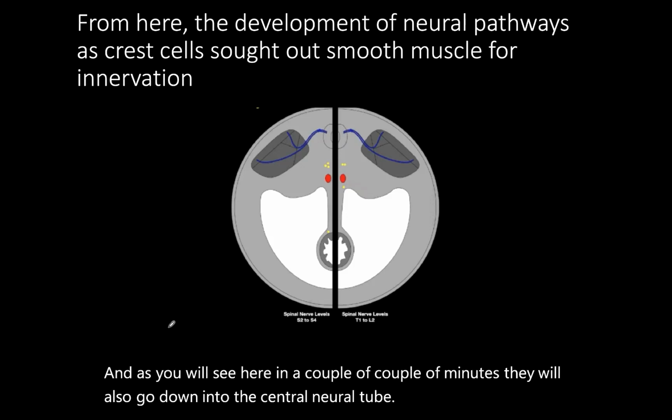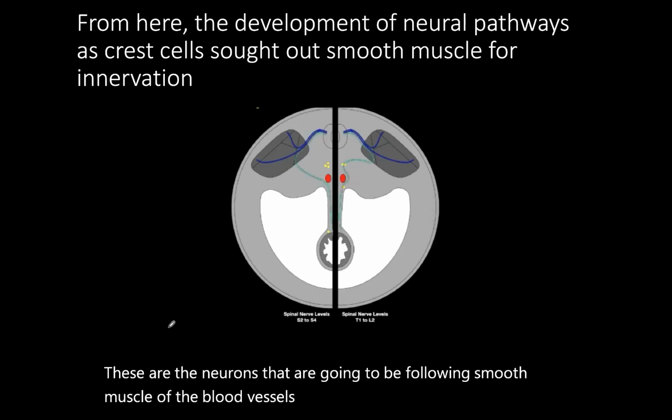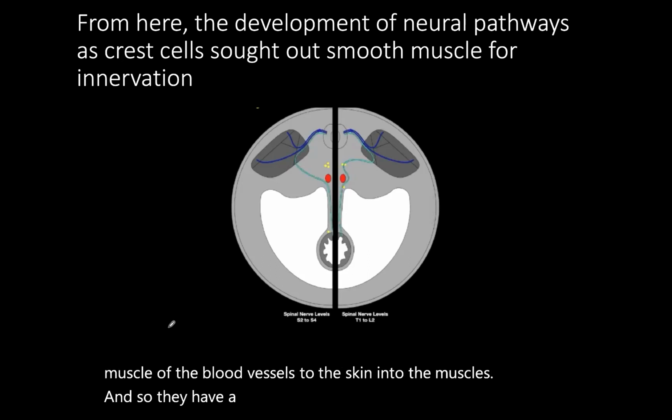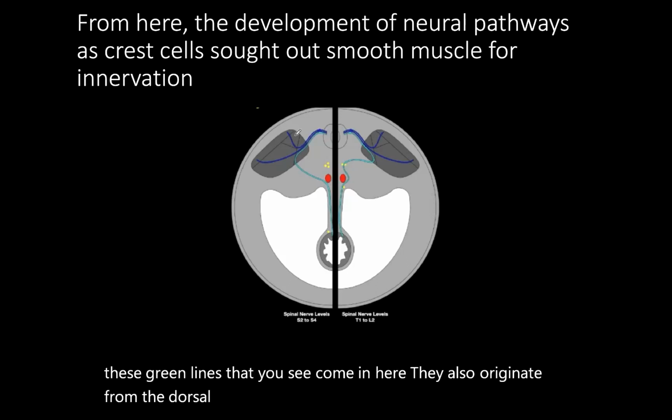These are the neurons that are going to be following smooth muscle of the blood vessels to the skin and to the muscles. And so they have a sensory function. Now, these green lines that you see come in here, they also originate from the dorsal root ganglion. All right, let me make this clear.